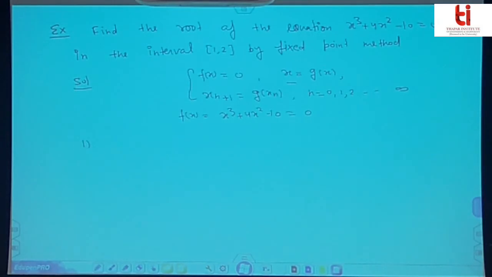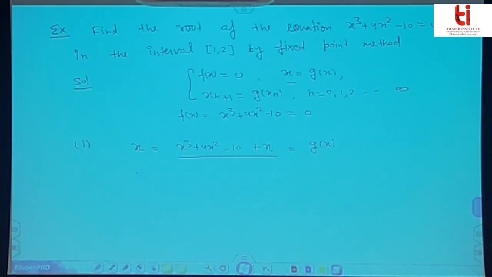So the first procedure, we can take the simplest method. We can add x to the left hand side as well as the right hand side. So x equal to x cube plus 4x square minus 10 plus x. Whatever you are getting on the right hand side, that is called g(x).